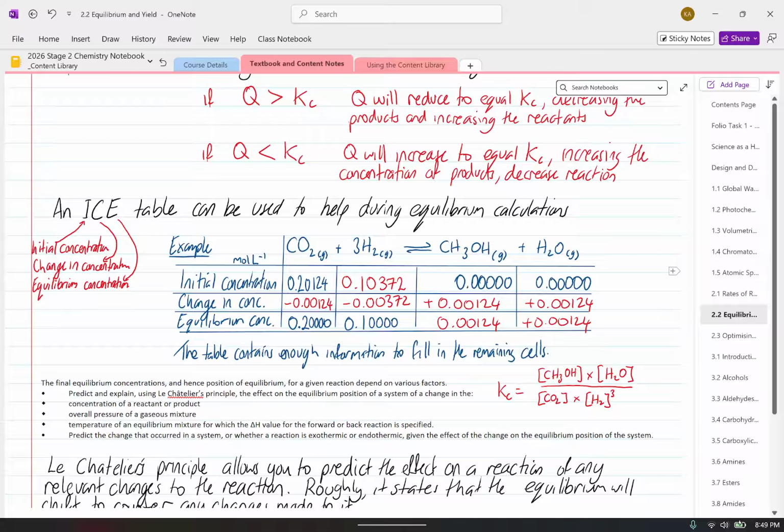Now, just so you know, that power of 3 is, oops, that's not what I wanted at all. Let's go back. It's raised to the power of 3 because you can think of this reaction as being, I'll erase this afterwards, CO2 plus H2 plus H2 plus H2. And so if we did our reactants multiplied by each other, it would be concentration of CO2 multiplied by the concentration of H2 multiplied by the concentration of H2 multiplied by the concentration of H2.